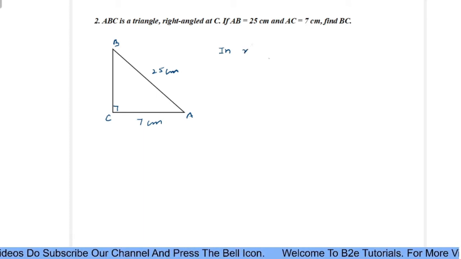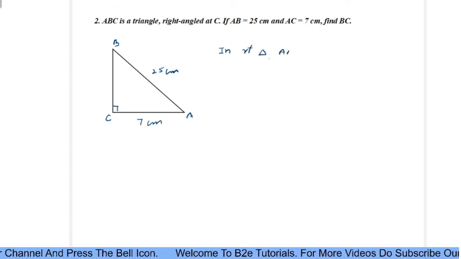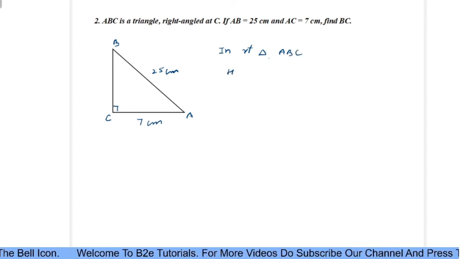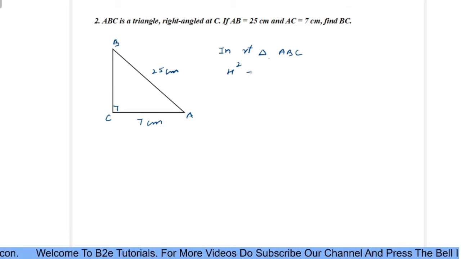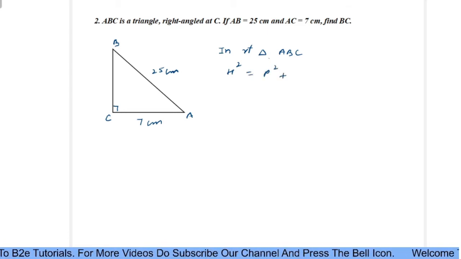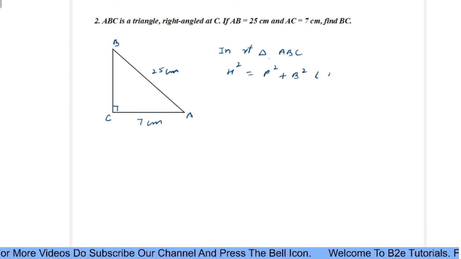Here in right triangle ABC, hypotenuse square equal to perpendicular square plus base square by Pythagoras theorem.